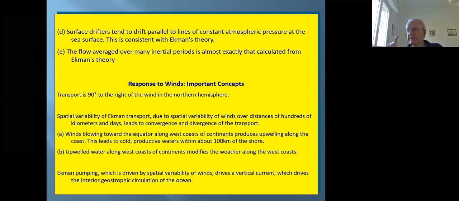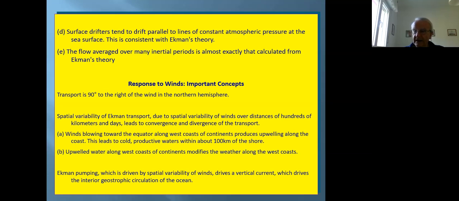The ocean is cooler than it would be without the wind, so the influence on the climate is important.